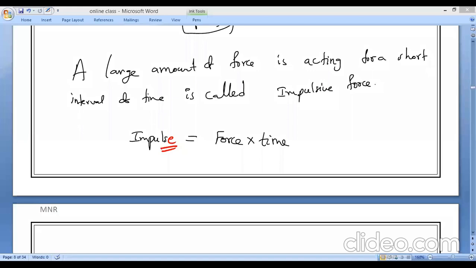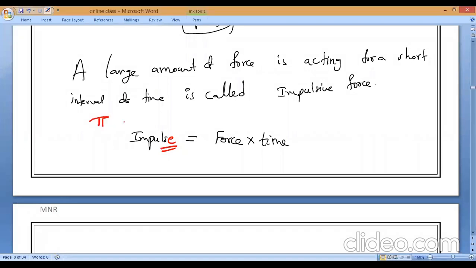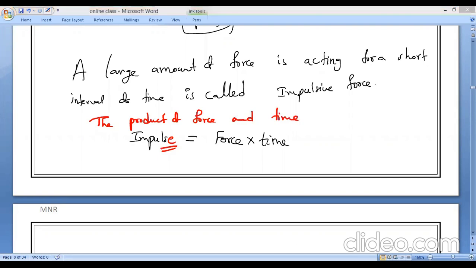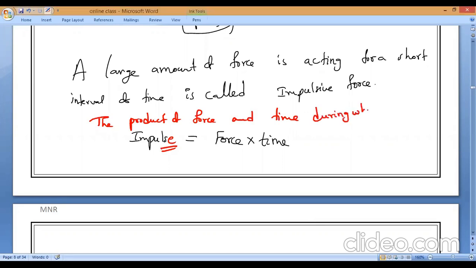The product of force and the time during which the force acts is called impulse.